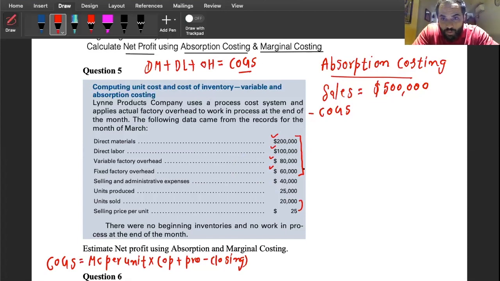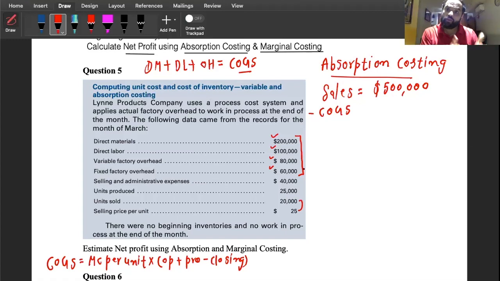So this number from here until here is your cost of goods sold, which is 200 plus 100 plus 80 plus 60, 440. Can you check again? Is it 440? So calculate again, how much is your cost of goods sold? You don't have to calculate per unit.